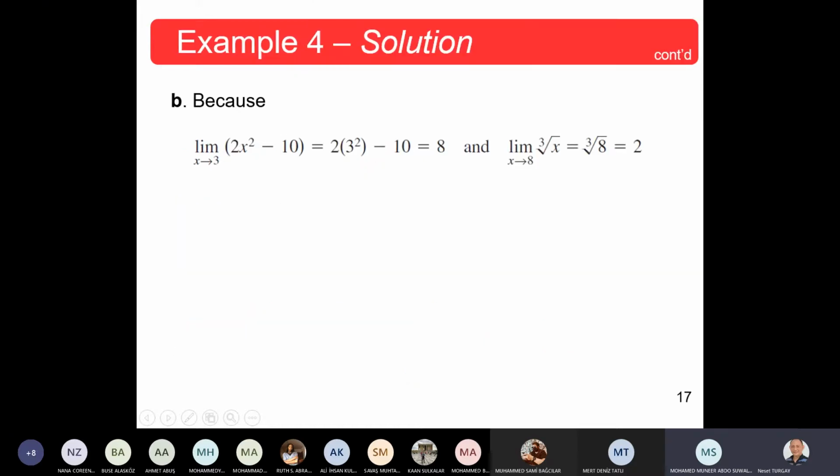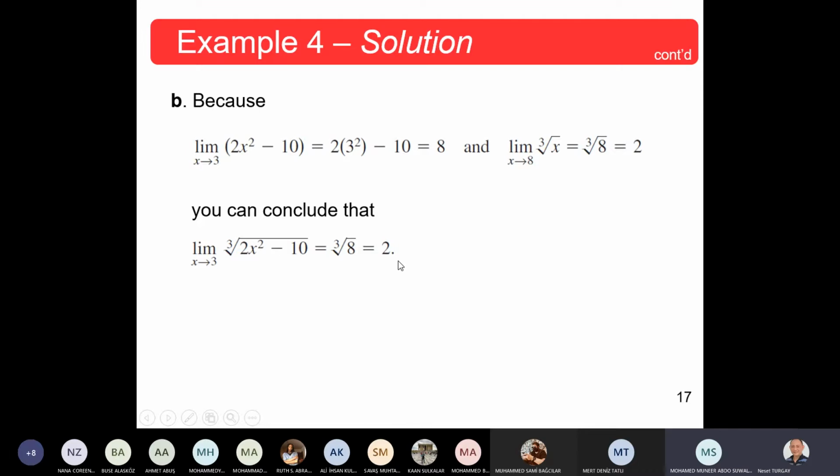You can also check this using the theorem, but you need to work hard again. This is explained here. But as your friends said, shortly, this equals 2, because 3 times 3 squared is 27... 9 times 2 is 18, 18 minus 10 is 8, and this gives you square root of 8, which is 2.